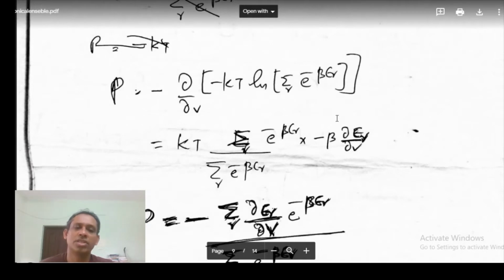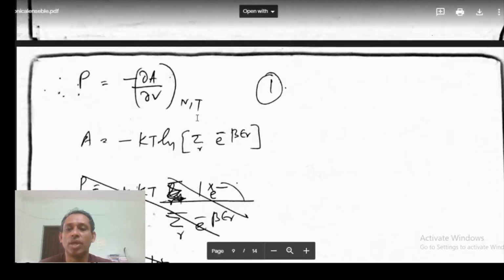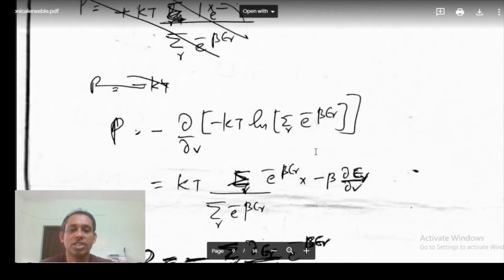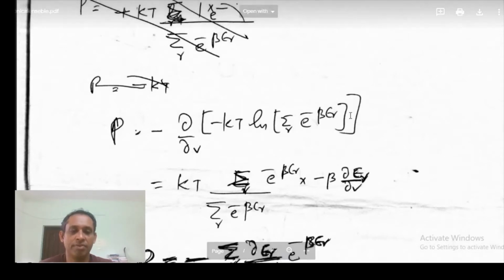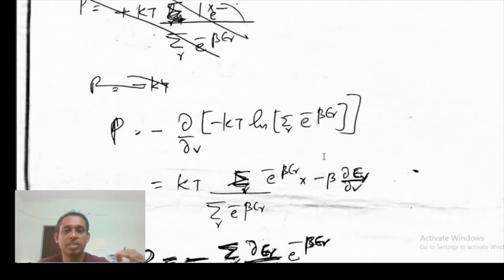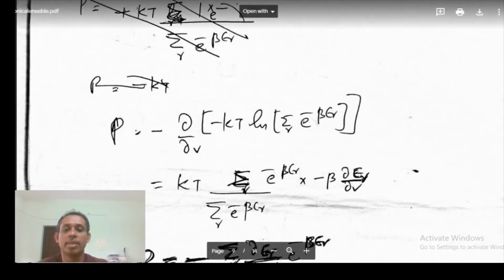So I differentiate this with respect to volume. As I differentiate, we have to remember that Er is a function of volume. The different energy states possible for the system depend on volume, because the energies of individual particles depend on the volume, so the energy of the system depends on the volume.